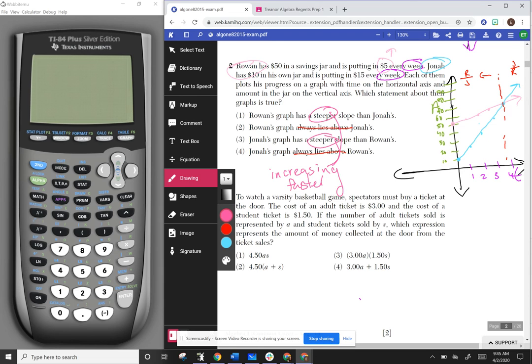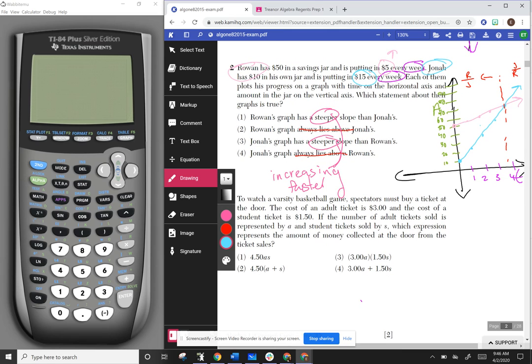And which one is increasing faster? It's going to be the one with 15, and that's Jonah. And based on the graph, you can see that as well. The graph physically looks steeper. You can think of it as like going up a hill. Which hill would be harder to go up? The one that is steeper, that's going up faster, that has more money being put in the jar every week.